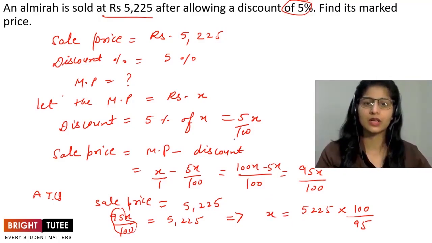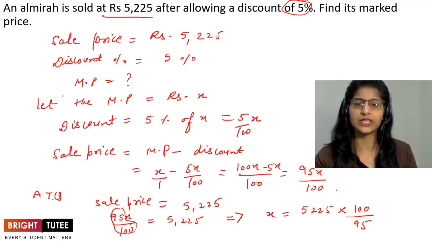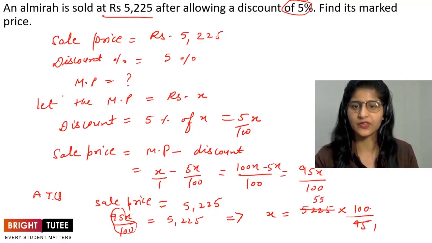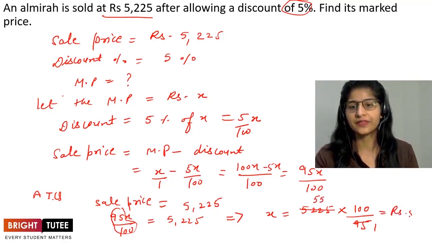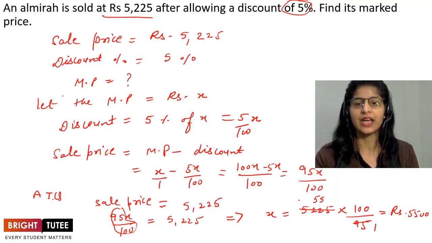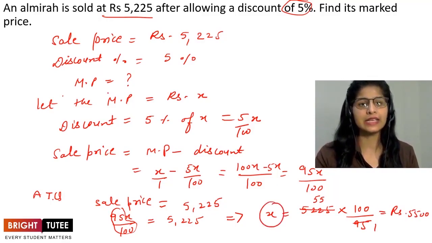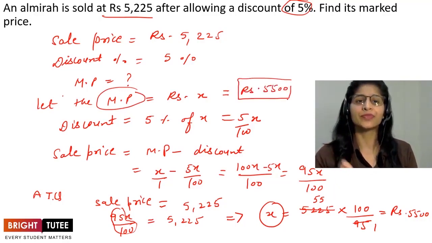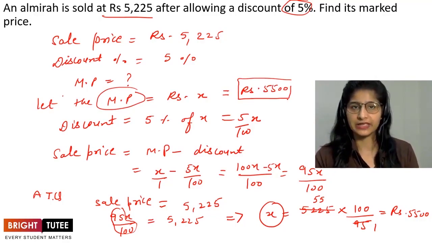Let's do that. So when we solve it, 95, when you cancel it, you will get 5. So you will get rupees 5,500. And x is what? X is the marked price. So what is the marked price? Rupees 5,500. This was the marked price.